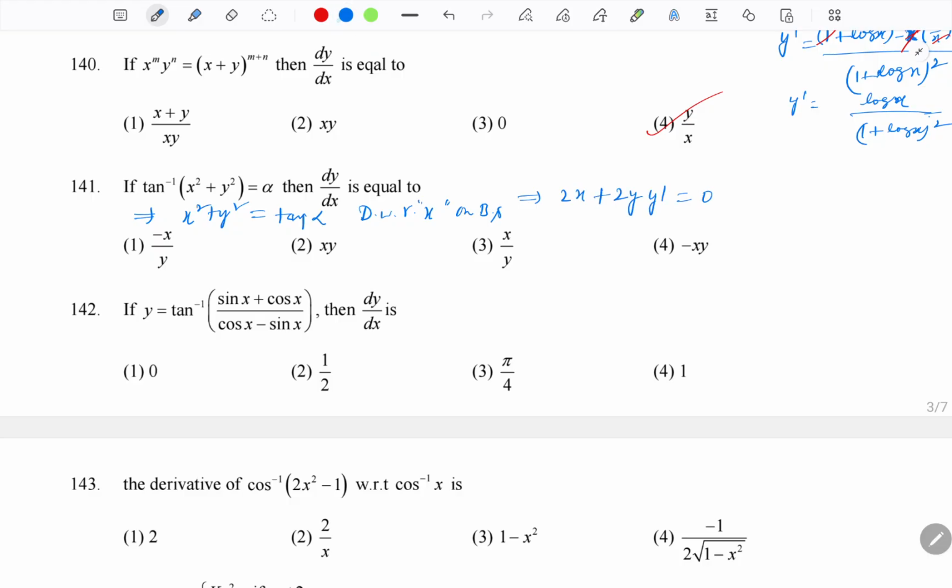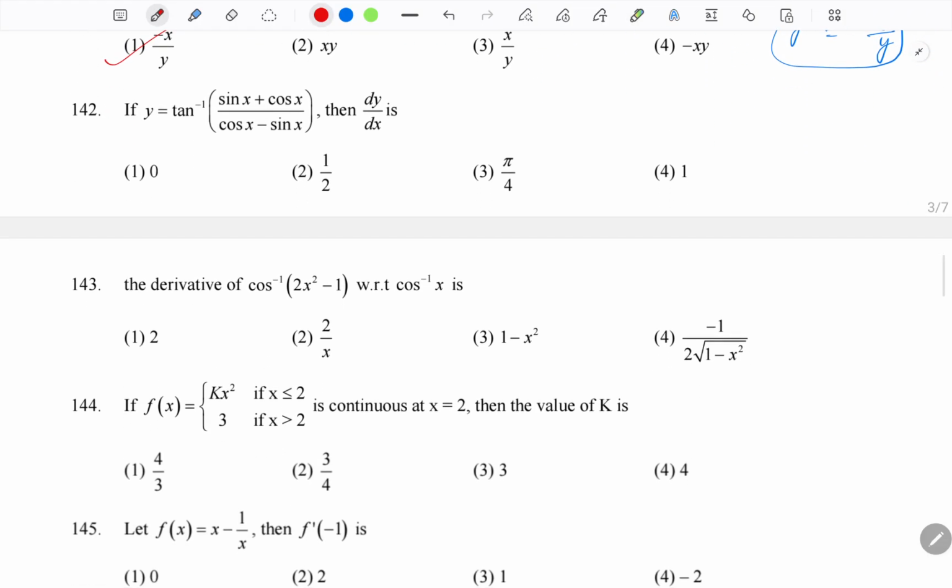The 2s cancel, so y dash is equal to minus x by y. This is the derivative of the function. Which option is it? Minus x by y means it is option number 1.